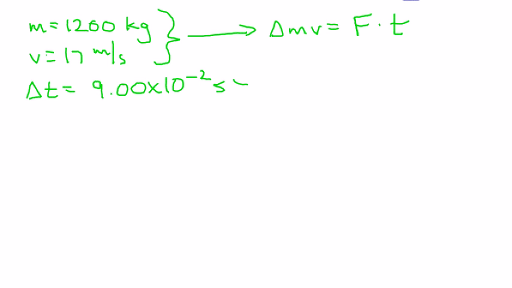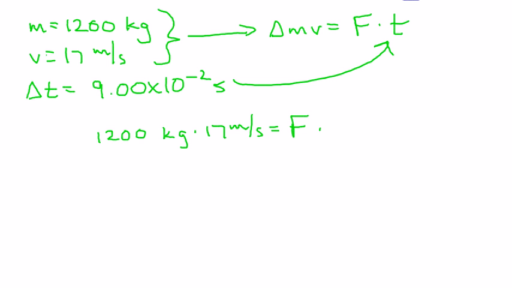So we can also plug in our time there and solve for force. So we'll take 1,200 kilograms times 17 meters per second equals force times 9.00 times 10 to the negative 2 seconds.